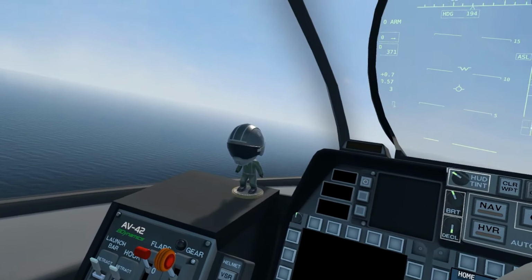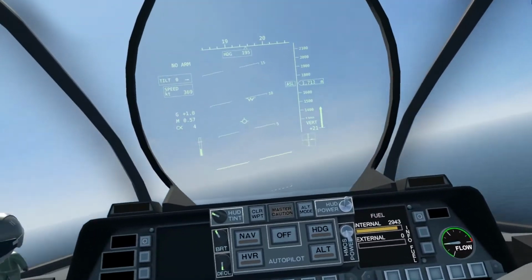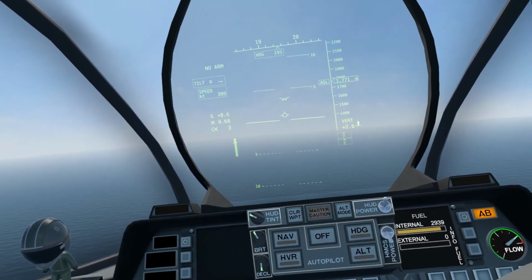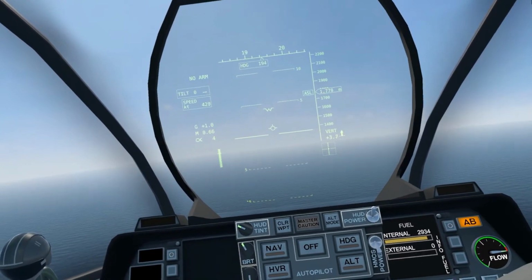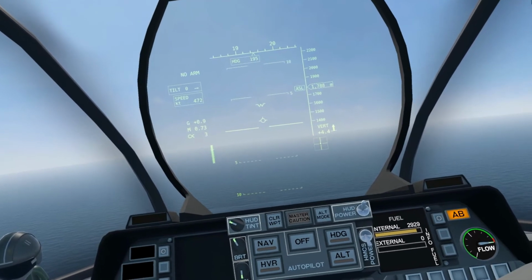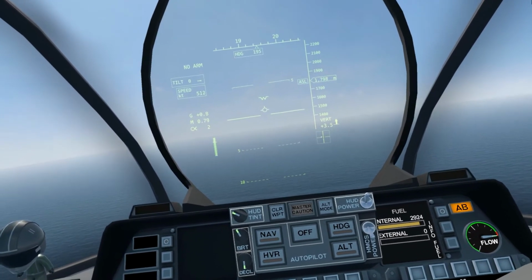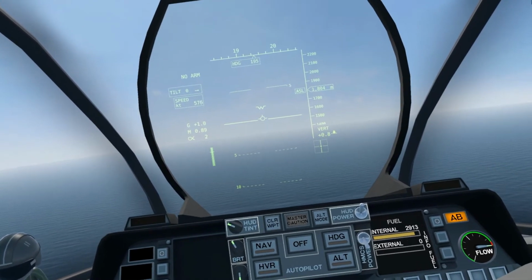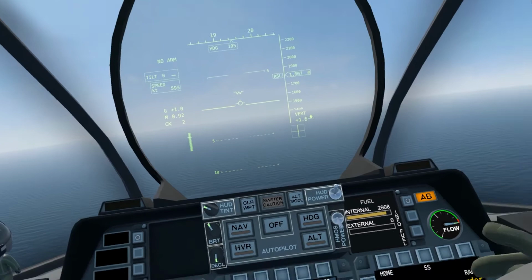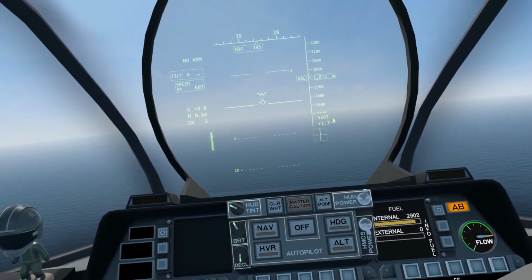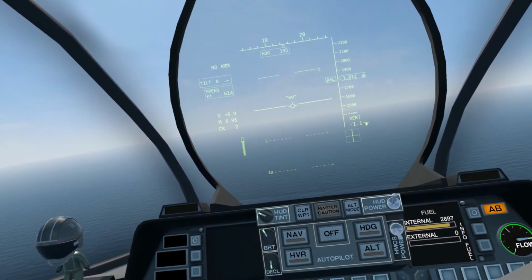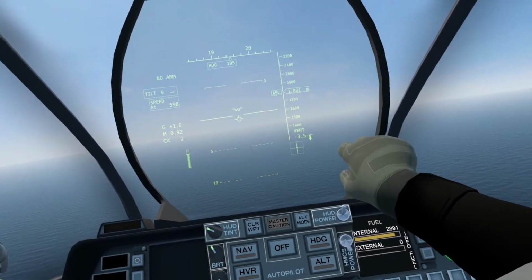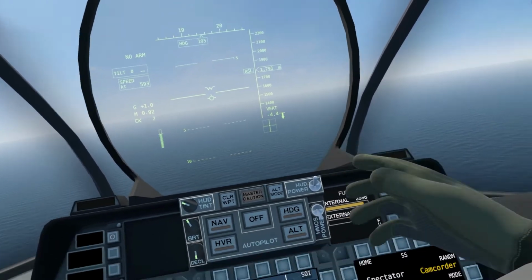Okay? So, what we're basically going to do is I'm going to turn up my speed, and I'm going to set the aircraft so that the velocity vector is just at the horizon mark, so that I have straight and level flight as close as I can here. I'm actually going to take my afterburner back off. You can see over on the right side the vertical indicator.